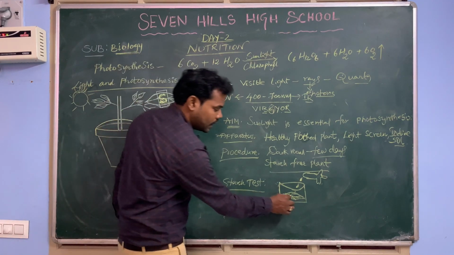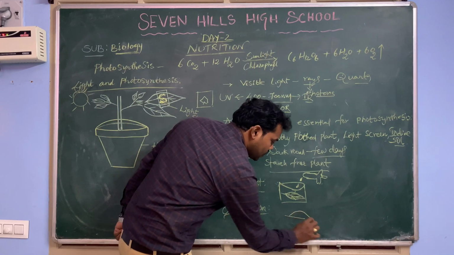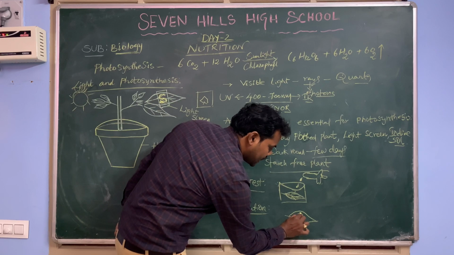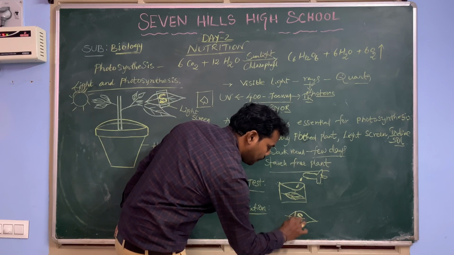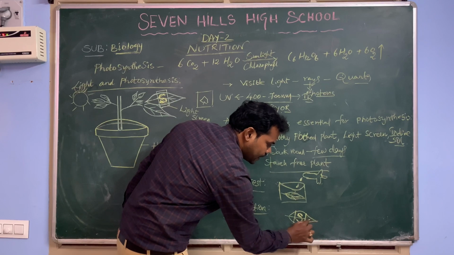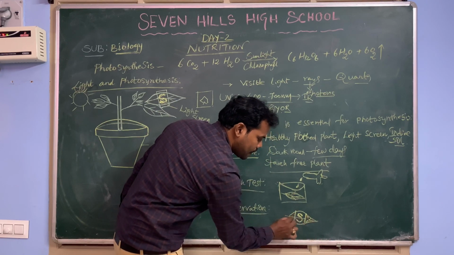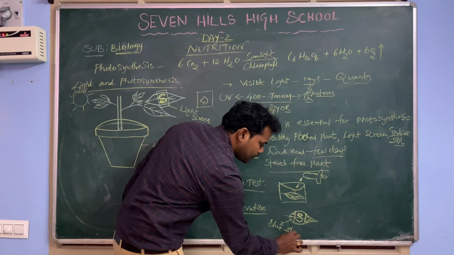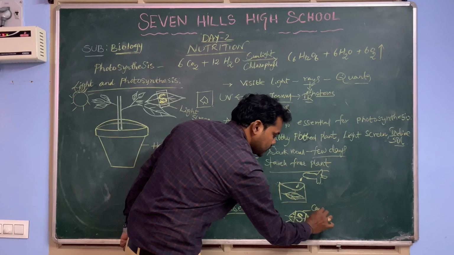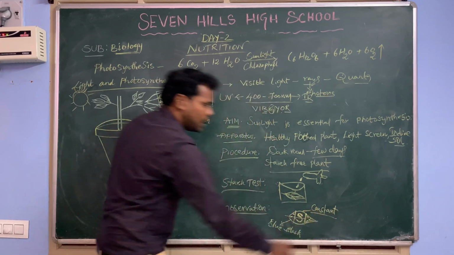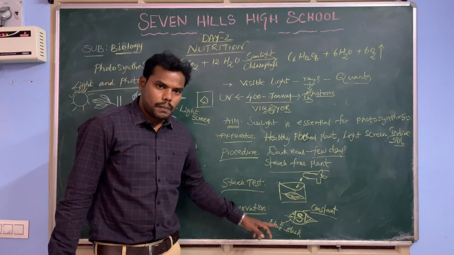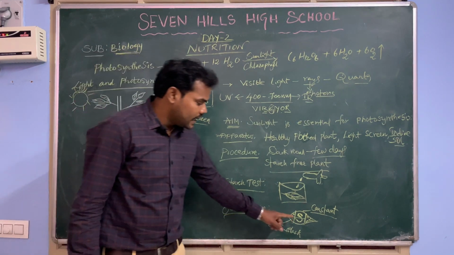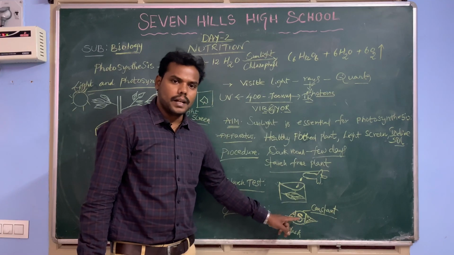We observed that where the light penetrates, or where the light passes, there only it turns into deep blue black, and the remaining portion remains constant. Where the light does not penetrate, it remains constant.